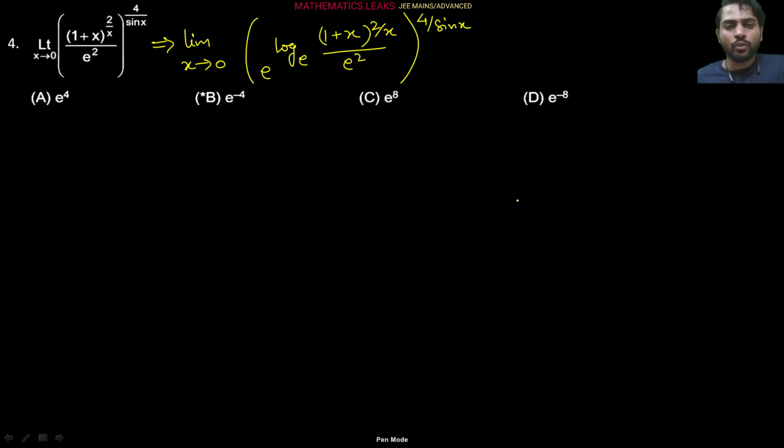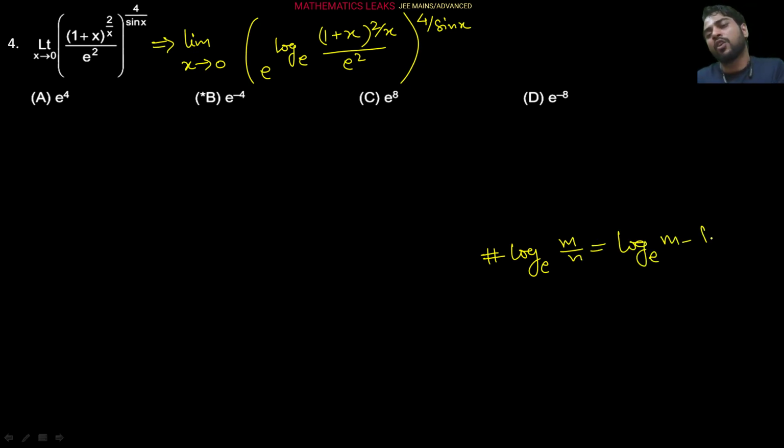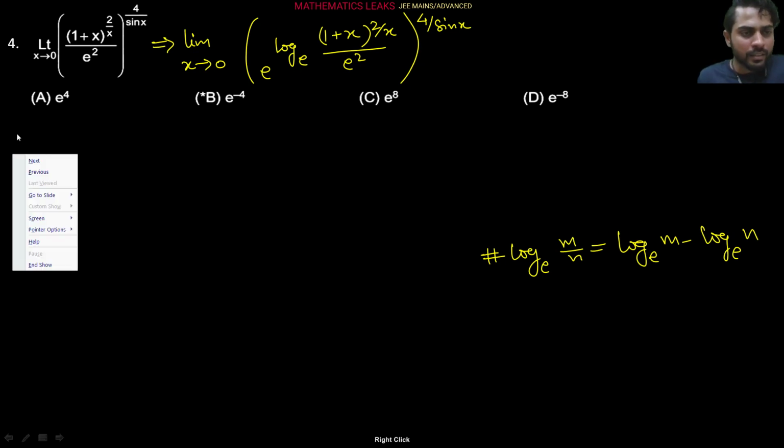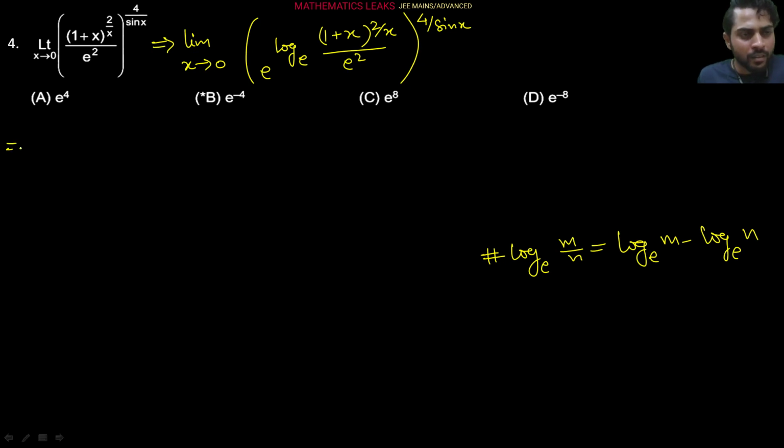Now we are going to use the logarithmic property here, that log base e of m upon n is nothing but log base e of m minus log base e of n, right? So using this property, this given data we can express as, just observe this, limit x tends to 0.